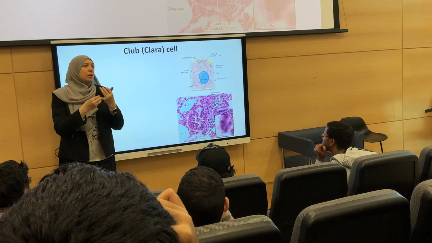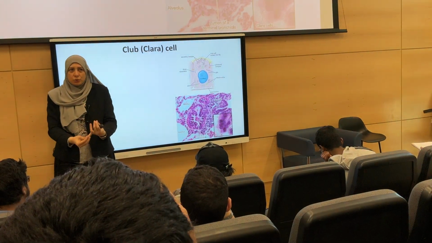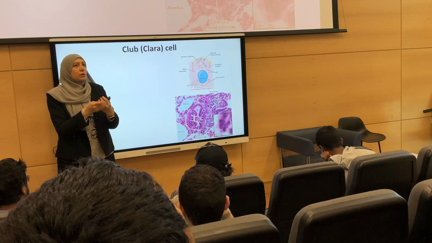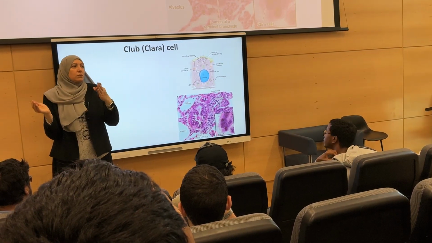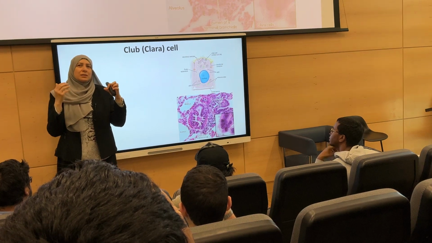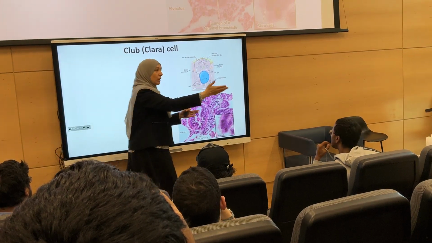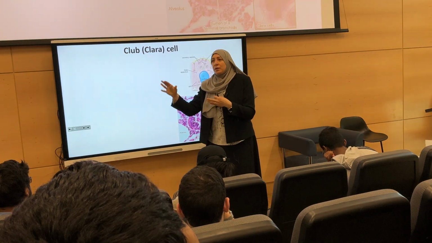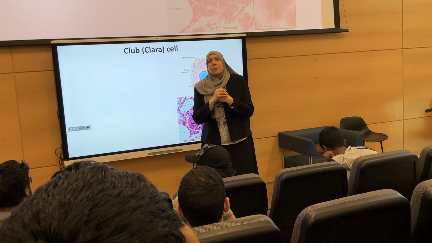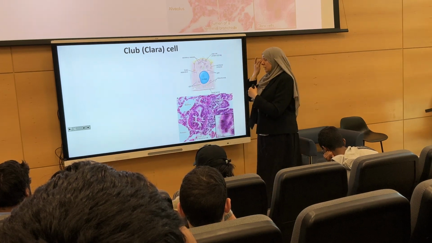Rough endoplasmic reticulum. Why? Protein. Then Golgi. Then it will store whatever. Ribosomes with rough endoplasmic reticulum. What else? Lysosome. Vesicles. Why? Because we are storing whatever we made. Then how will this vesicle be excreted? By exocytosis. Okay? So they will leave the cell by exocytosis.